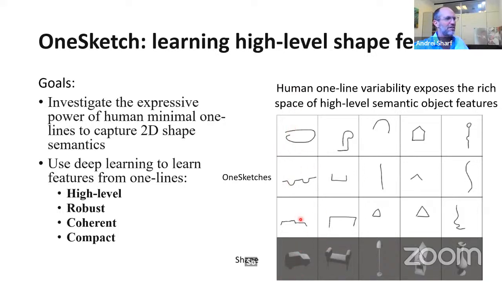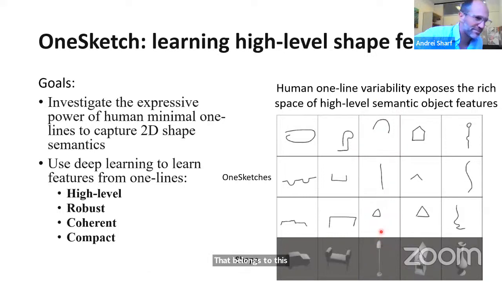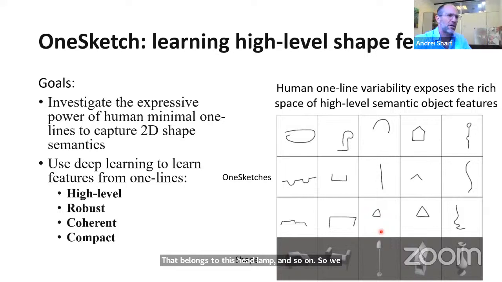You can see this car here, you can see 3 completely different representations. Same for the lamp here. You can see one human draw the top, one just the stick, the stand, and one maybe some kind of curve that belongs to this headlamp, and so on. So it's a lot of variation, and we try to build a representation using computational tools that should be coherent, robust, and still convey the human statistics.